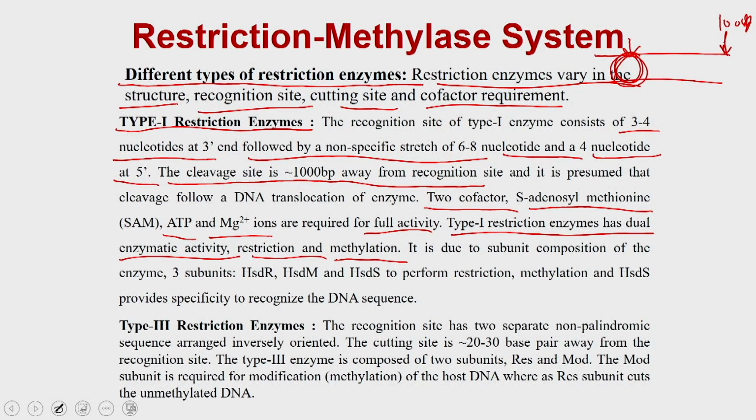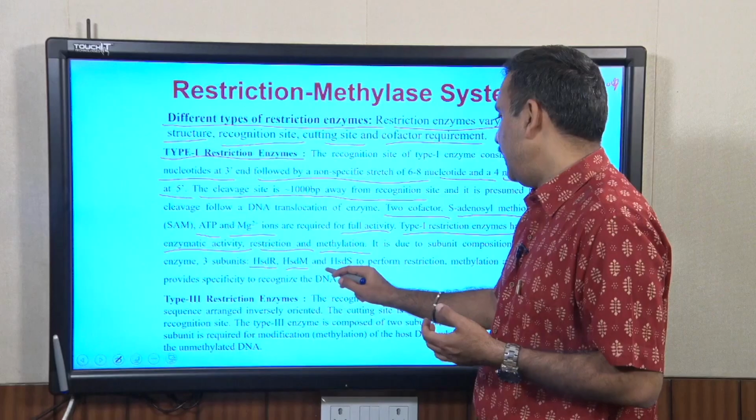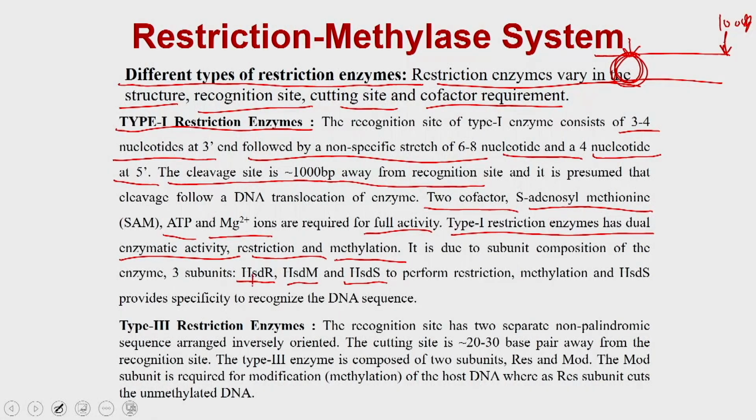That is because the enzyme has 3 subunits: HsdR, HsdM and HsdS, where HsdR is for restriction, M is for methylation and S is for recognizing the particular DNA sequence. Apart from that, you have the type 3 restriction enzyme.